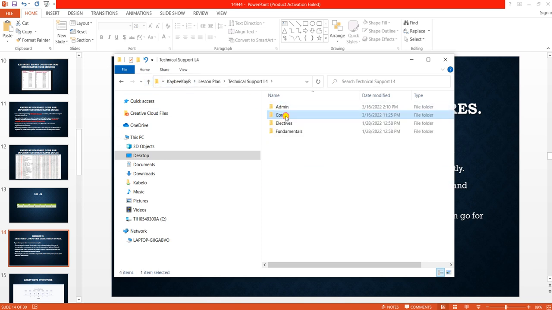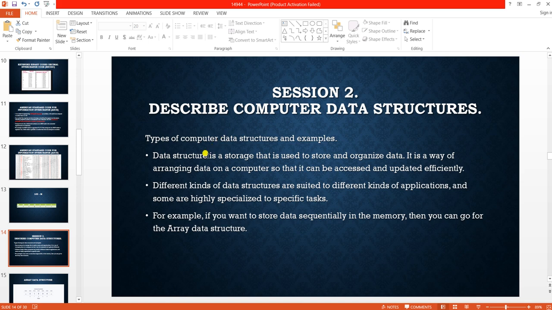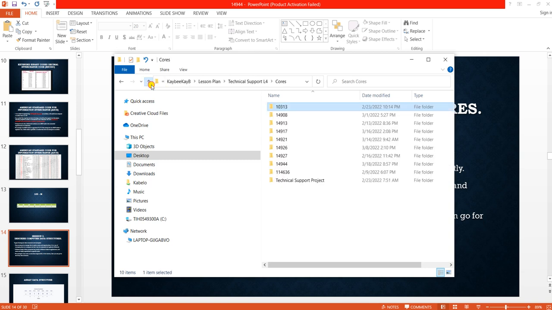So this is your parent, and it contains children and the data within that type of storage. It's a storage that is used to store and organize data according to the parent.